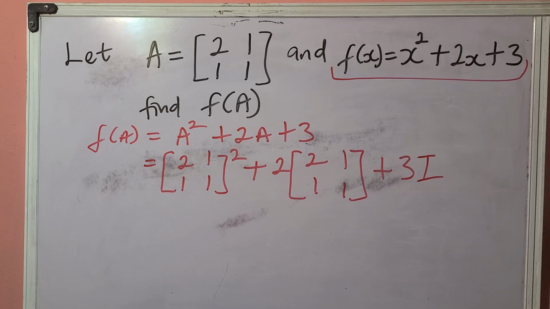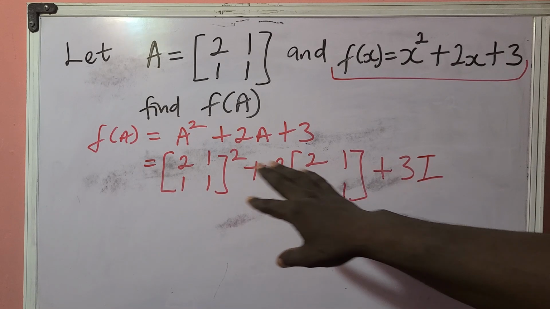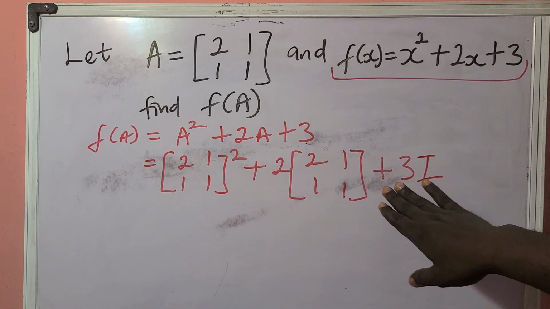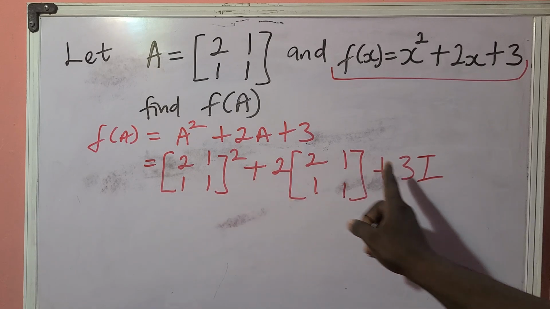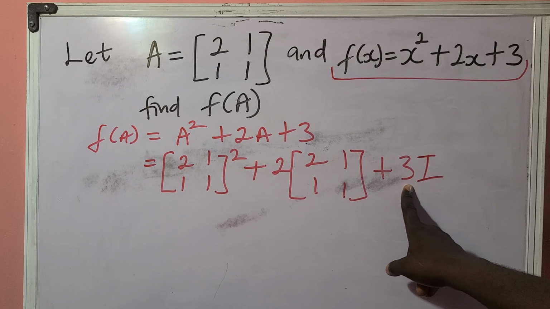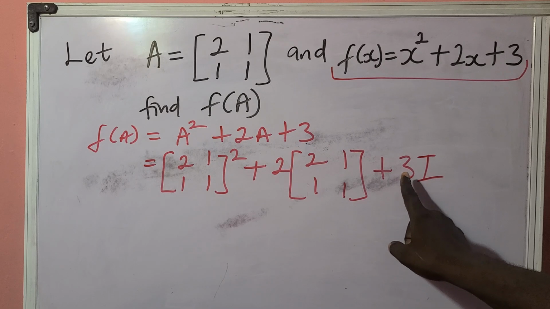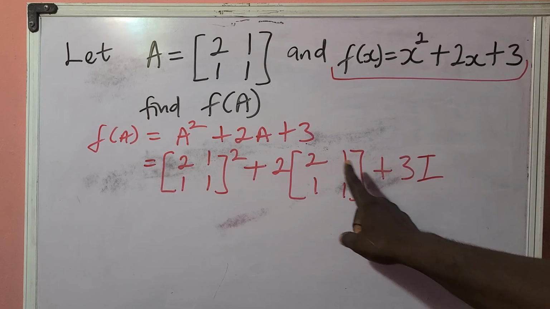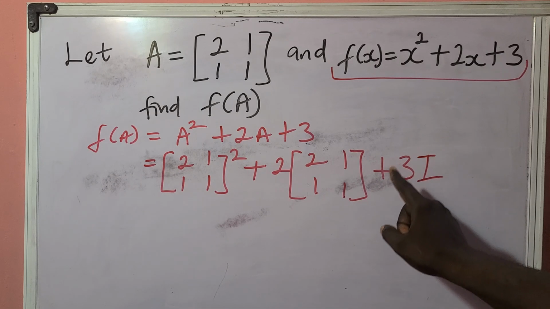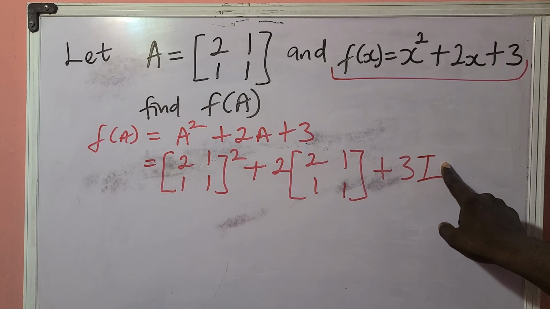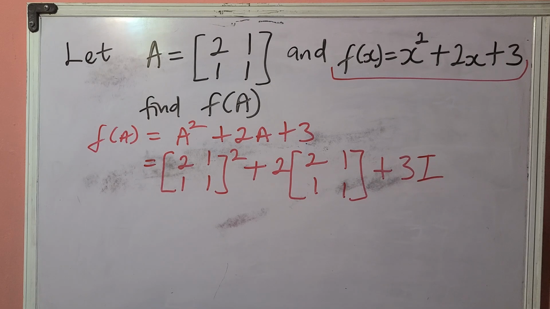You have to introduce the identity matrix there, because your results are in matrices. You cannot add 3 to a matrix. So you have to turn this 3 to matrix form, and the way to do that is to introduce your identity matrix.